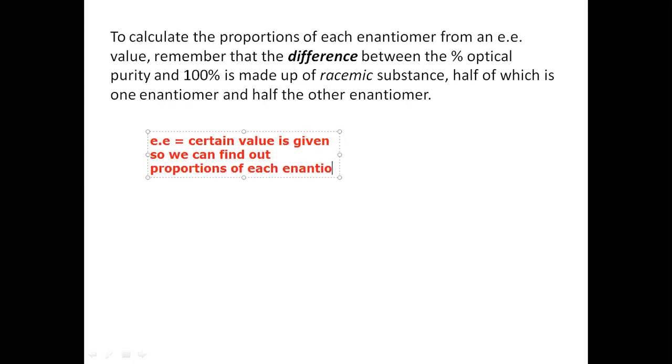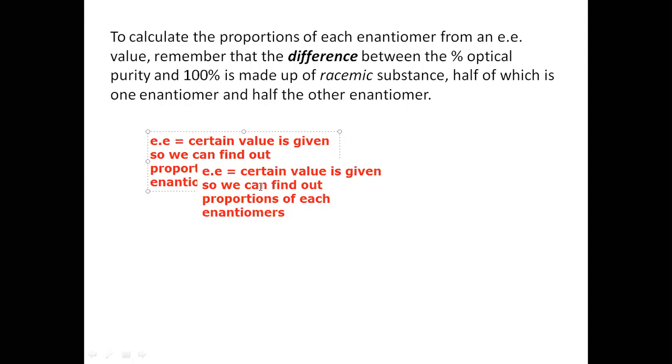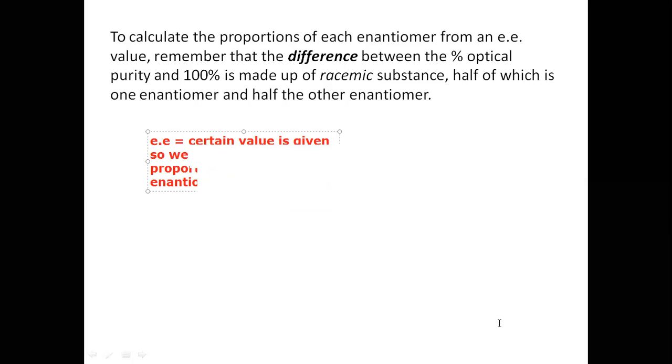See, we can do vice versa. Having the proportion of enantiomers, we can go for the calculation of enantiomeric excess, or we can also find out the proportions from the excess value. One minute, okay.